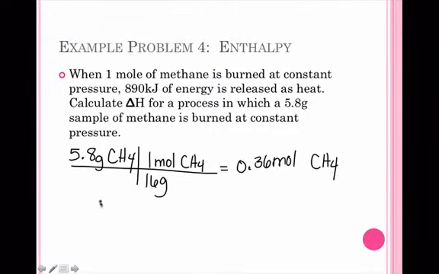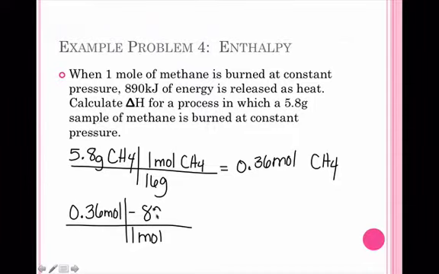So I know that for every 1 mole of methane, I get 890 kilojoules of energy released. I can use that as a conversion factor, or you could set up a ratio. If I have 0.36 moles, I know that for every 1 mole that there is, we would lose 890 kilojoules of heat.